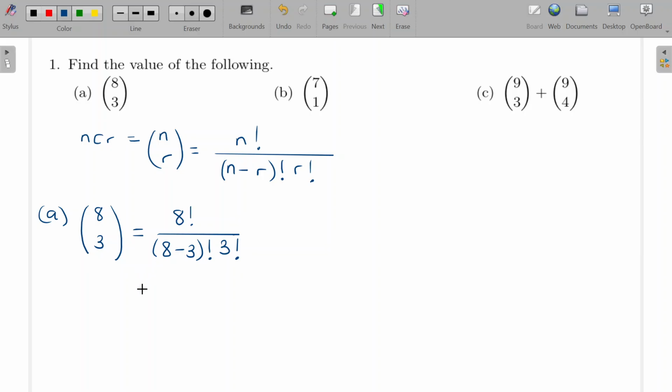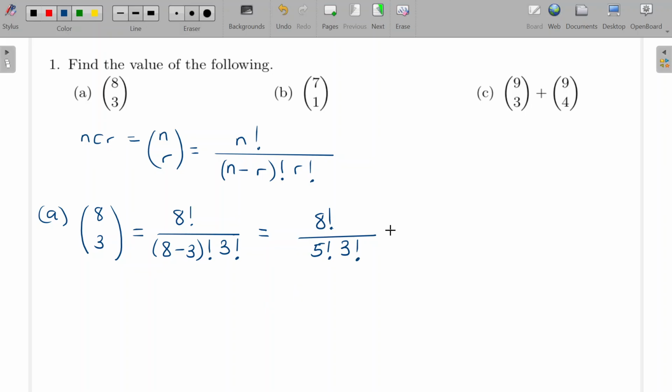So this is equivalent to 8 factorial over 8 minus 3 factorial, which is 5 factorial, times 3 factorial.